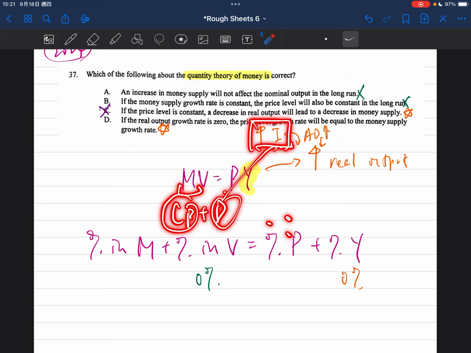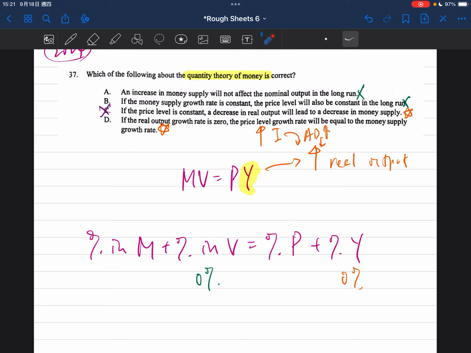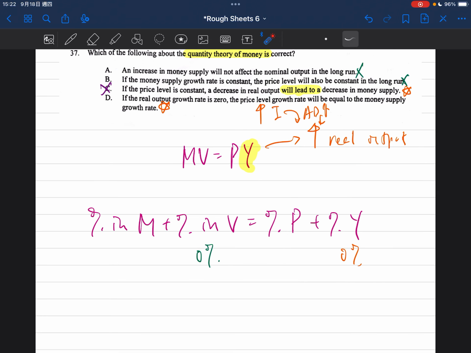It seems that this does not affect CP and D. So we cannot say that when this one increases, it will lead to an increase in money supply. Yeah, this is a wrong statement. So C is not a correct answer, because it says a decrease in real output will lead to a decrease in money supply. So this sequence is wrong.